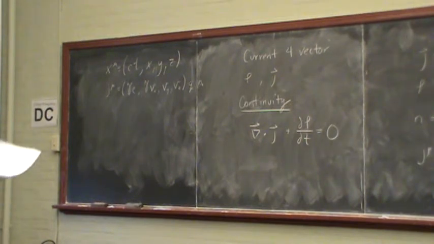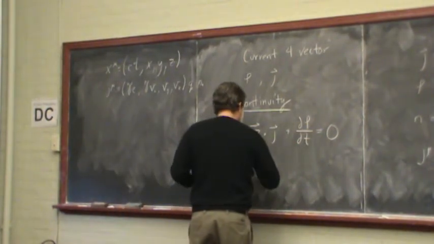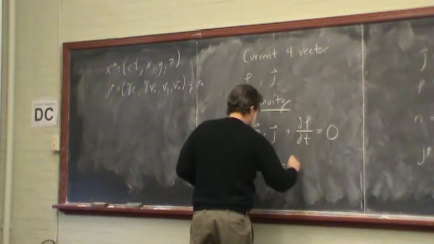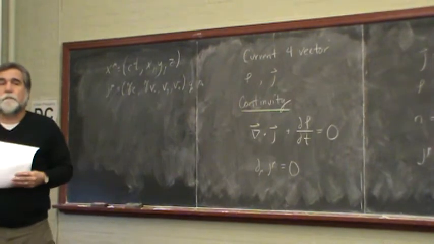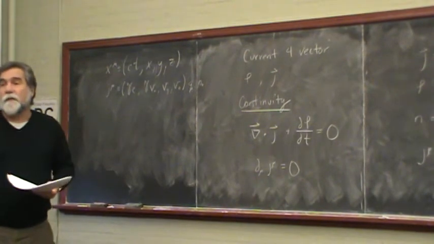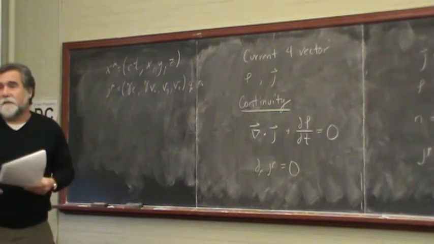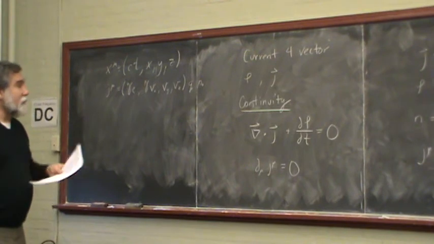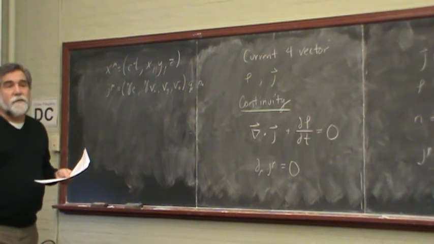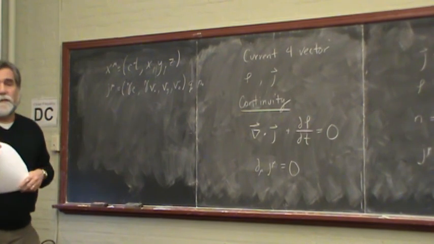And the continuity equation now reads like this. We're going to find out that Maxwell's equations take a similarly compact form when we get to that. So that's one 4-vector. All right, let's take a short break, and then we'll continue with the potential 4-vector energy.